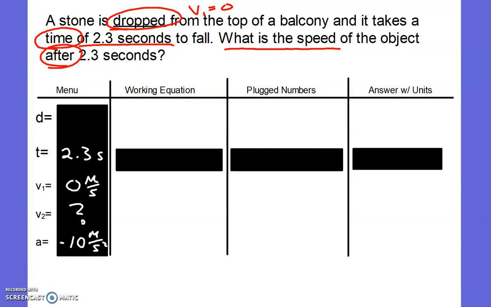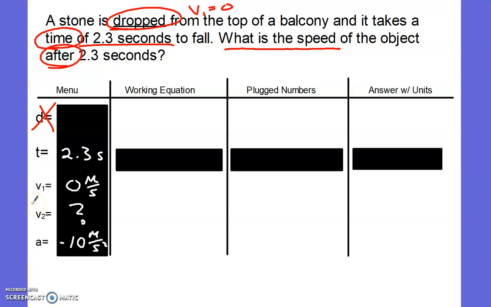Now notice here that we are not having anything with the letter D. So I'm going to cross out the letter D. Everything else either has a number or a question mark. And it's very important to write the question mark on which letter you're looking for.